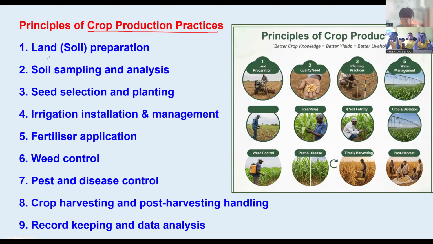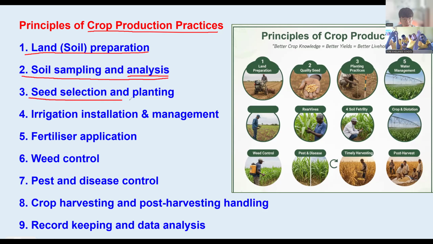Of course, first, there is land or soil preparation. So you need to prepare the land well before planting any sort of crops. Next, second step is soil sampling and analysis. This is important because we need to know what type of soil is there. We need to analyze the soil type.